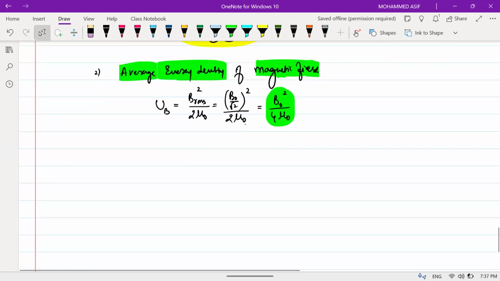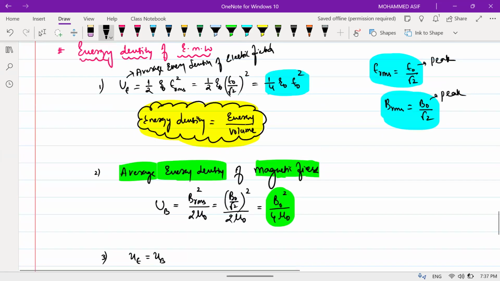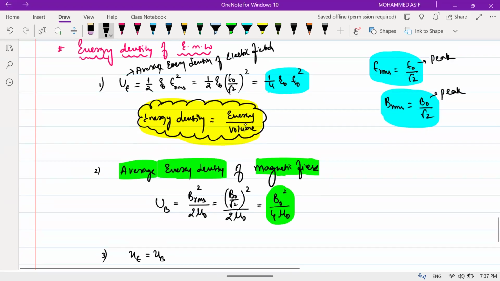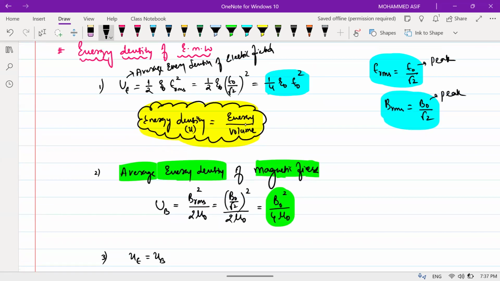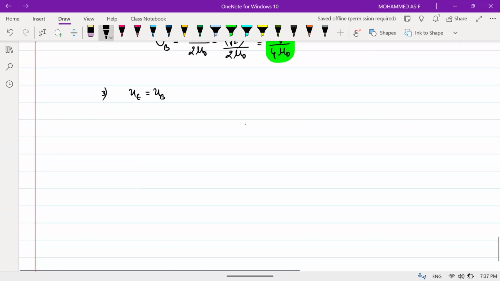Clear? And as it is a combination of electric and magnetic field, beta, you can say that the energy density of the electric field will be equal to the energy density of the magnetic field. Small u represents the energy density, beta. Energy density is represented by the letter small u. Am I clear? So I can say that the energy in the electric field will be equal to the energy in the magnetic field.